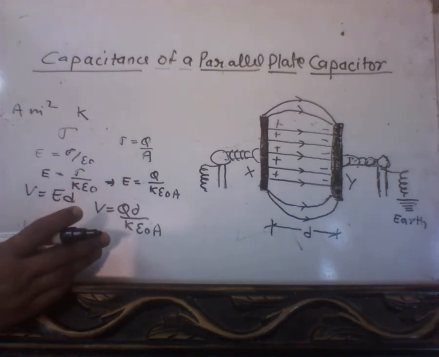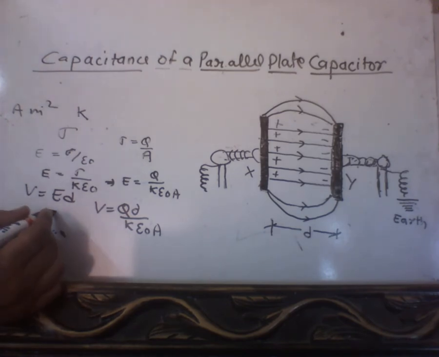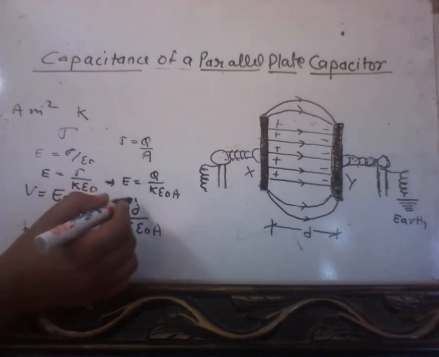So the capacitance of the capacitor is C equals Q by V, and the value of V is this.